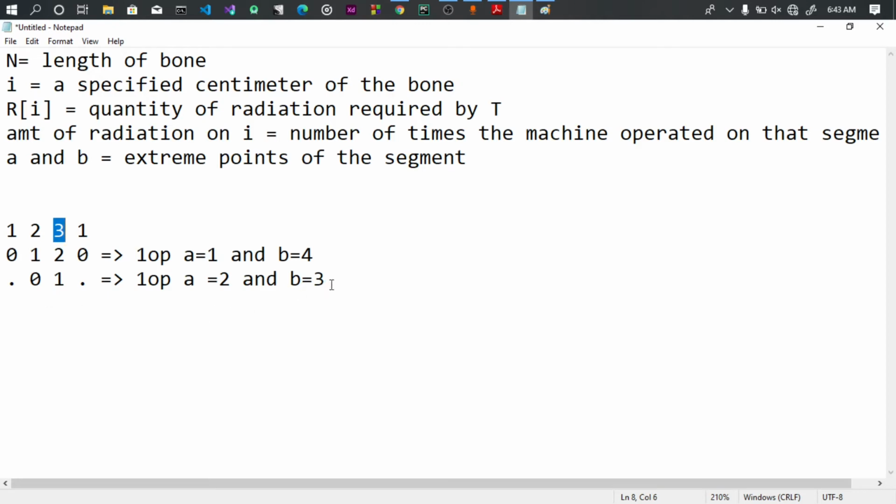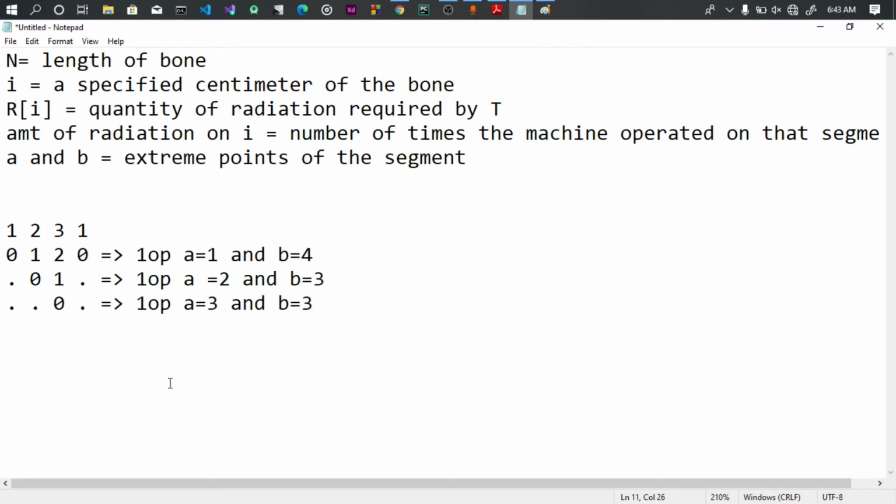And now we are going to go down again because we have one more portion that isn't filled. So we're going to go through and we'll reduce here by 1, and we're going to have one operation where we're taking A equal to 3 and B equal to 3 into consideration, since we know that our A and B are inclusive in our portions, so we can have this.